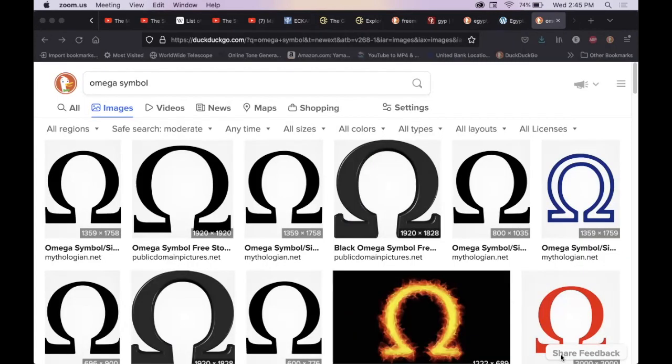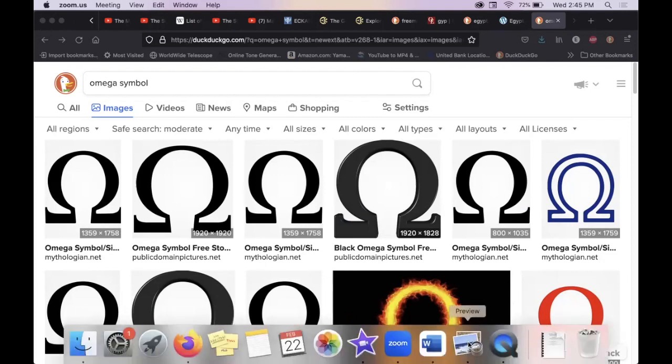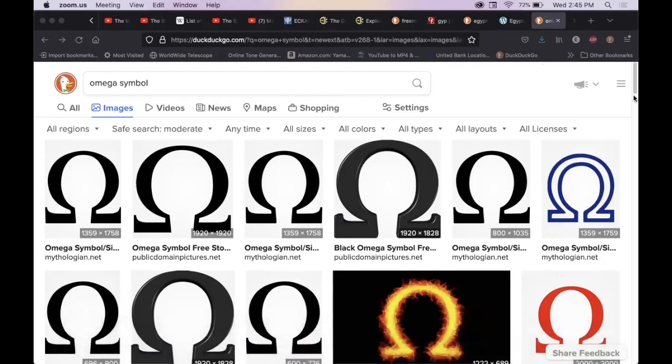And here we have the alchemical symbol for death represented in the Omega symbol. I am the Alpha and the Omega, the beginning and the end. Remember this? Remember that saying? I do believe that the Greek letters hold a lot of secrets that we have not tapped into.